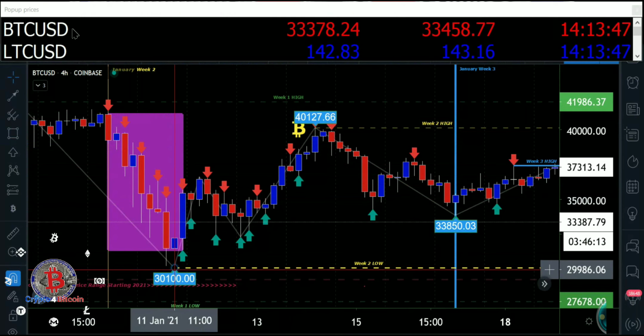Oh, God. Wait a minute. That was in 48 hours, okay? In 48 hours, we saw movement in 4-hour time frames of an average of $2,500 or more in a 4-hour time frame.